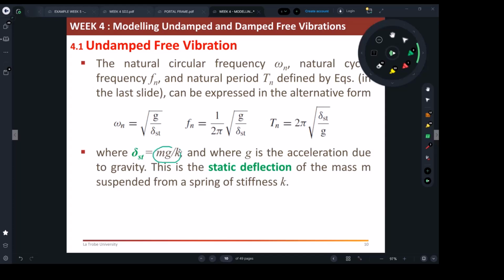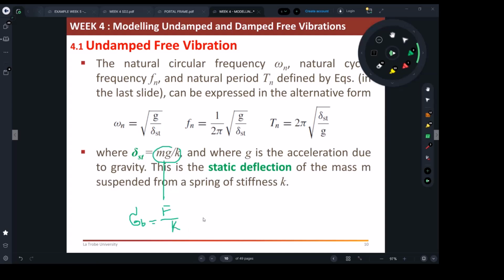Remember, this one here is just the acceleration. Mass times acceleration is a force. So mass times gravity will give us force, and if we divide force over stiffness, it gives us the static displacement. We said that last week as well.